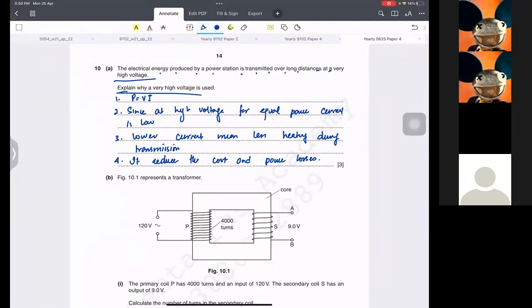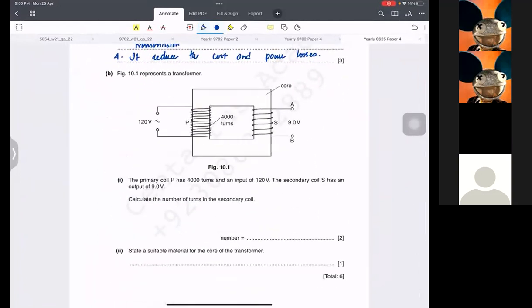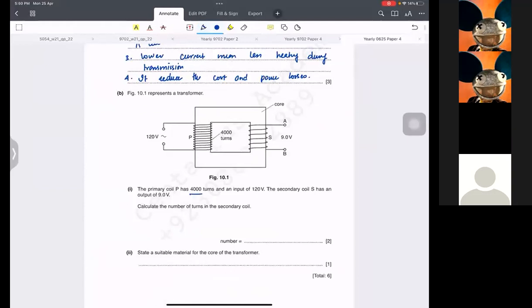Okay. Then in this one, it says primary coil is 4,000, input is 120, secondary coil is 9, calculate number of turns. So for this one, voltage in primary over voltage in secondary equals to number of turns in primary over number of turns secondary. You should remember this. 120 over Vs equals 4,000 over Ns.